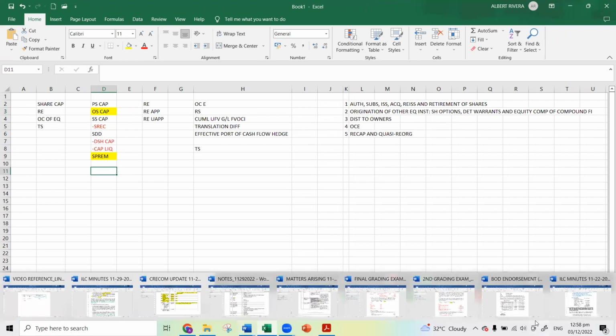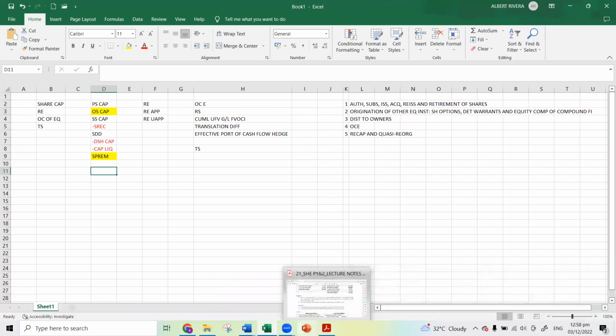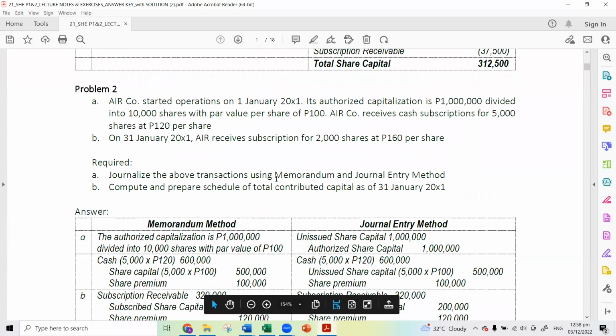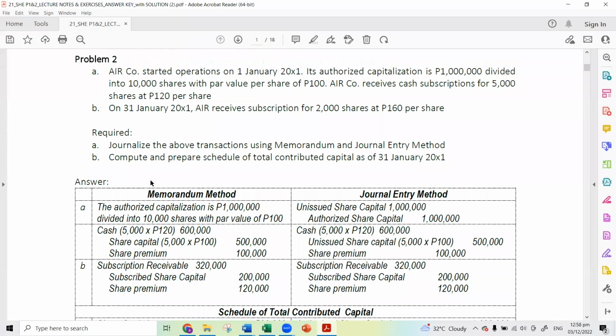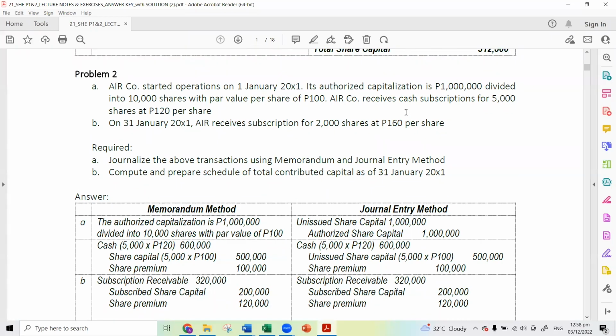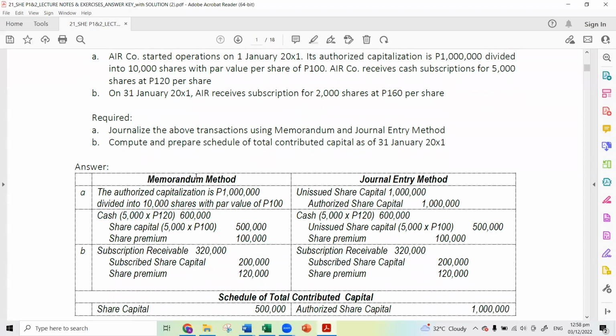Okay, so let's go back to our illustration here. So here, gusto lang na maipakita na lumalabas na si share premium. So this is the transaction here, and compute for and prepare the schedule of total contributed capital.